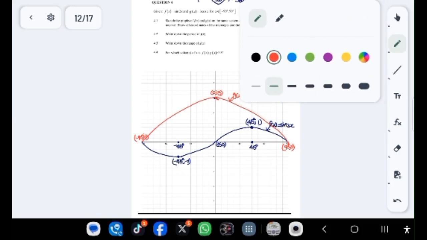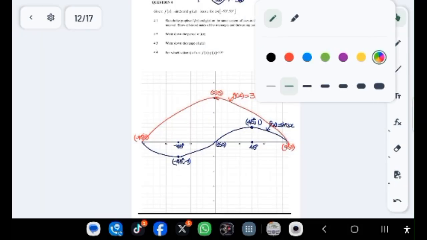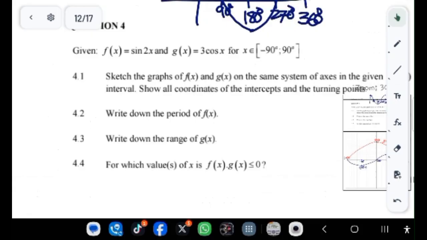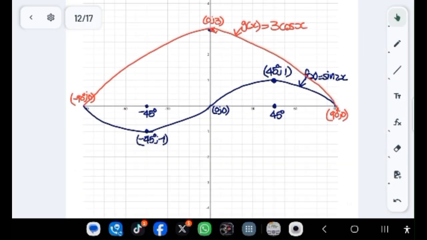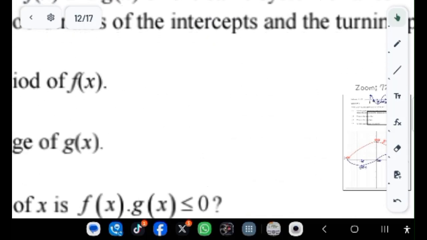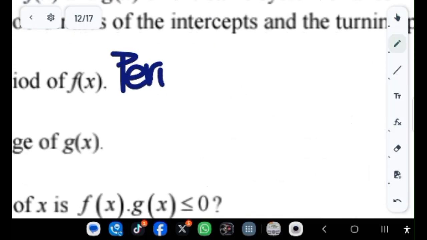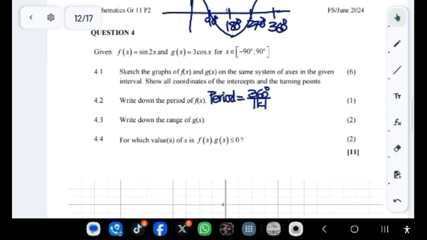Okay, let's go back to the normal color. All right, let's go. Next is write down the period of f of x. The period is calculated by 360 degrees divided by the absolute value of k.